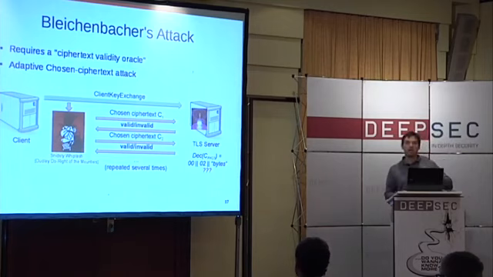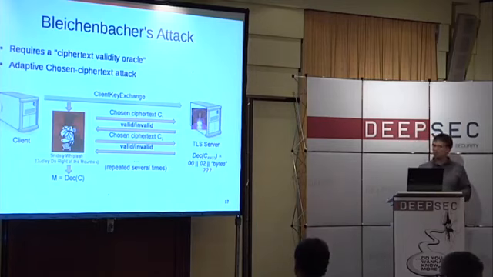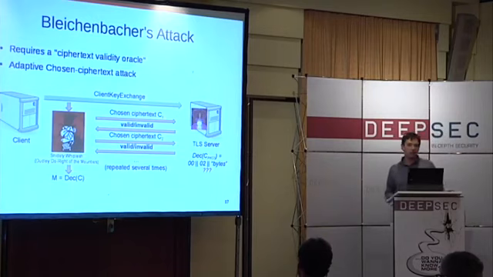The oracle answers with valid or invalid, and at the end, the attacker can decrypt the whole message. This is a general scenario for adaptive chosen ciphertext attacks, and maybe you know the attacks by Rizzo and Duong. They applied similar attacks on the CBC scheme. This is an attack on RSA PKCS 1.5.